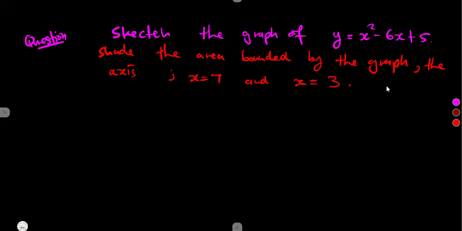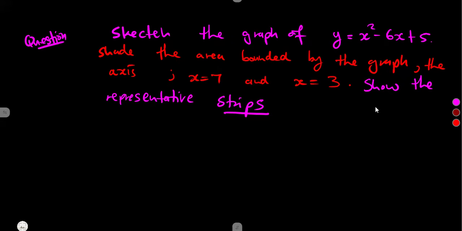All right, no problem. Then show the representative strips. Why are they saying strips? The representative strips simply mean that there's something there. And calculate.